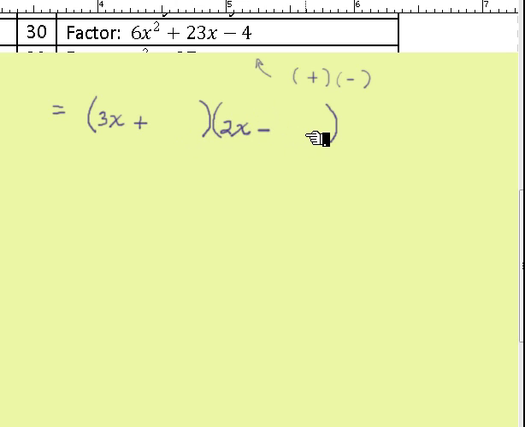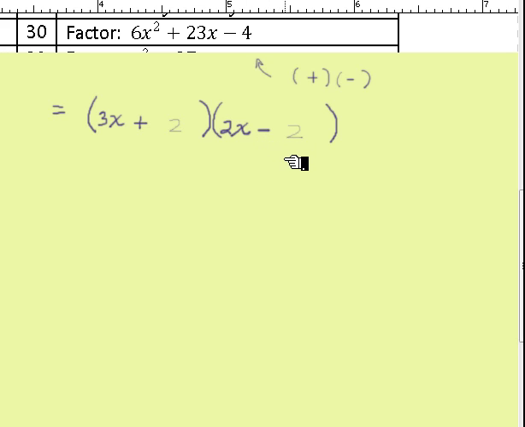Now here, in the last and last, we put two factors of 4. Now I'm not going to try 2 times 2. I'm not going to try 2 times 2 because then 2 would factor out of this second factor, but 2 doesn't factor out of our quadratic, so it can't possibly be 2 times 2.